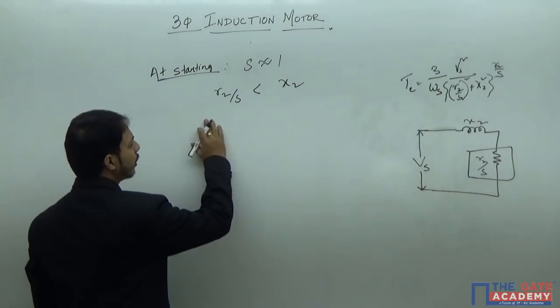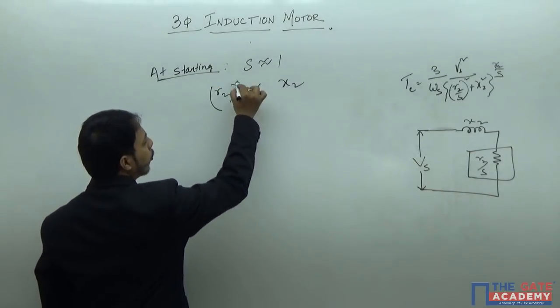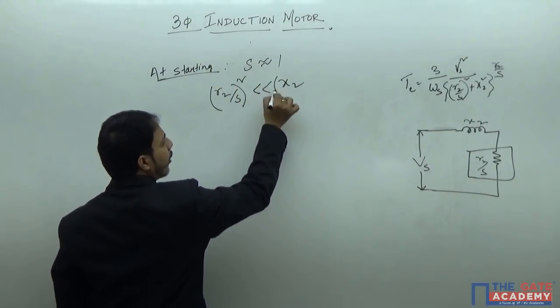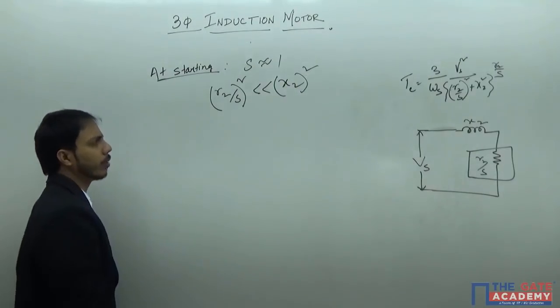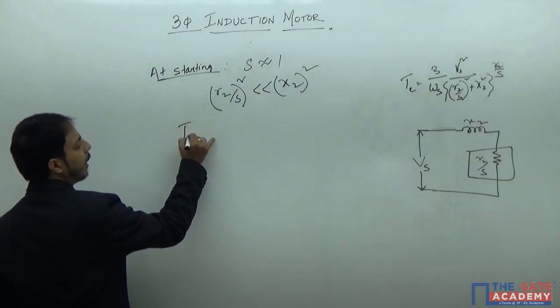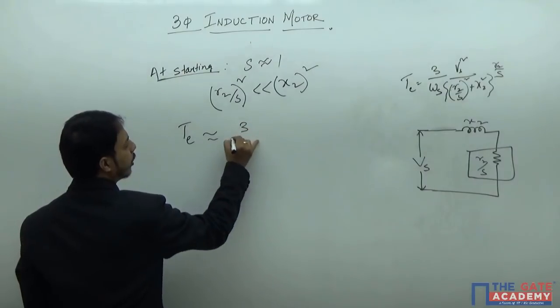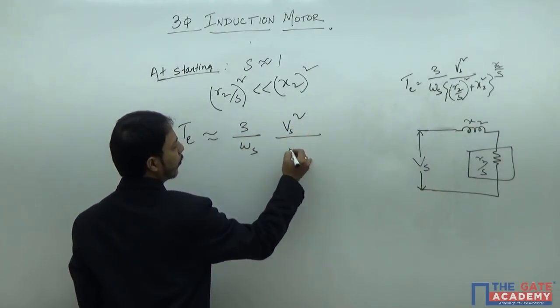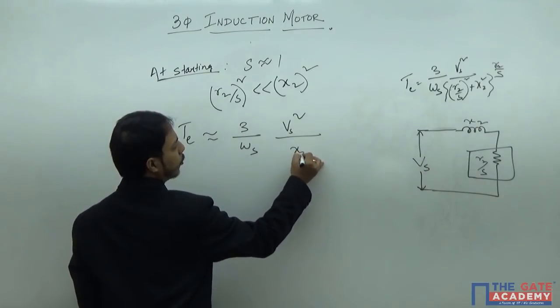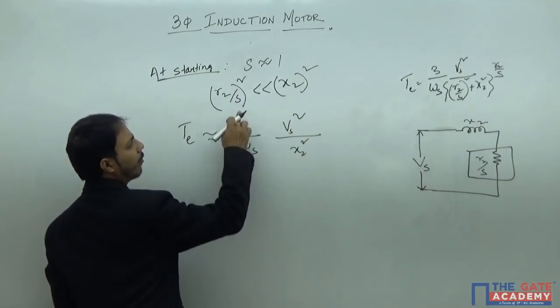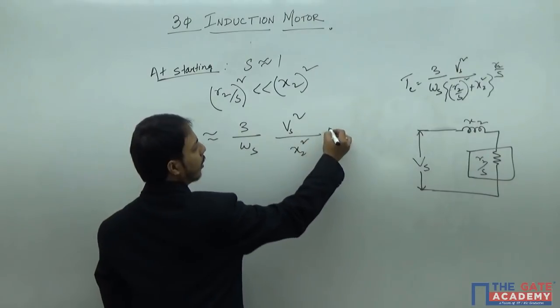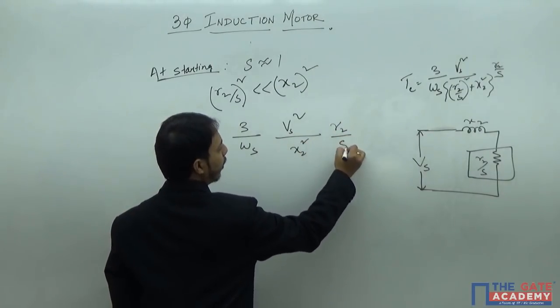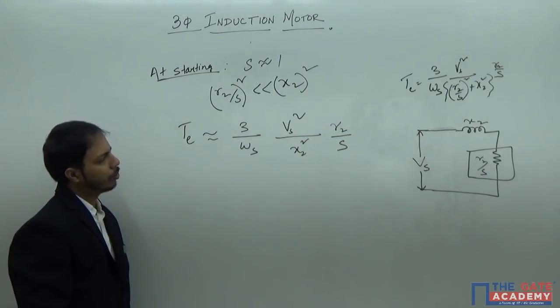So if I take the whole square of this, it will be very less than X2 square. So my TE now almost becomes 3 by omega S, Vs square, over X2 square. I have neglected this, times R2 by S.